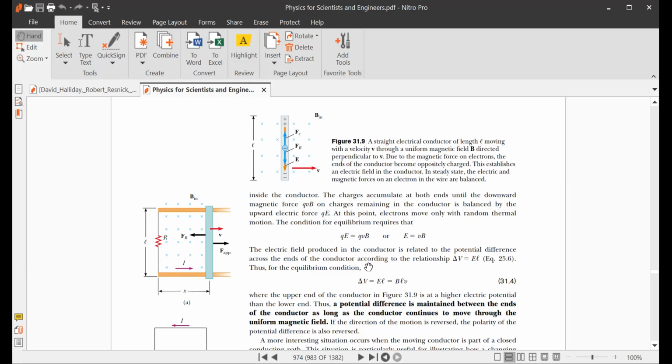Because the potential difference is E times L, using the above equation, we get the potential difference at the rod equal to BLV.